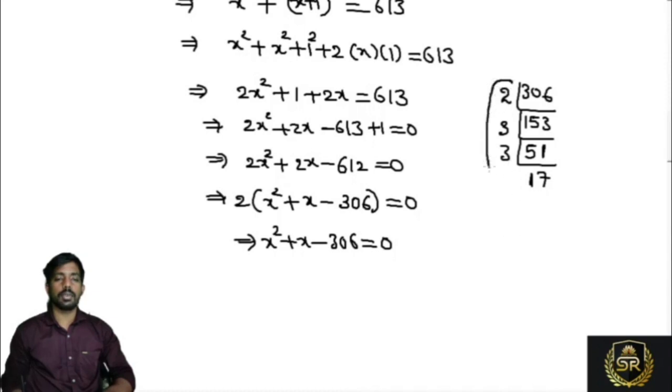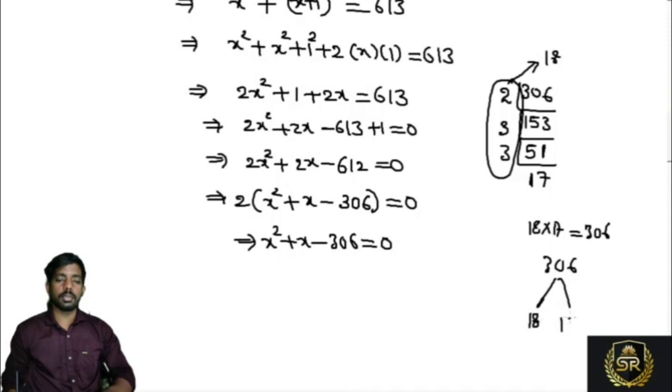So what is this multiplication? 2 twos are 4, 3 threes are 9, 9 twos are 18. So this is 18 and 17. 18 into 17, what is the result here? 306, right? If I multiply these, you can get 306, and by using these numbers I can get the middle term.